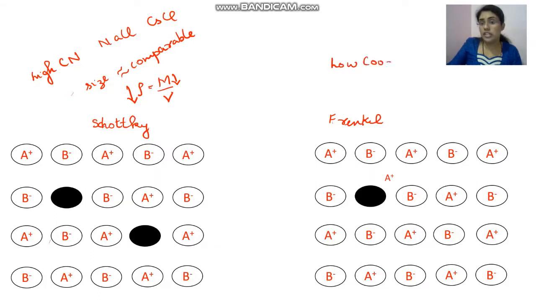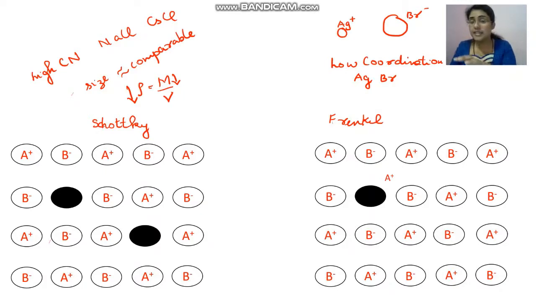Now coming to the Frenkel defect, this is formed by compounds having a low coordination number, like AgBr or AgCl. Here the cationic size, Ag+, is smaller than the anionic size, Br- or Cl-, which is larger.